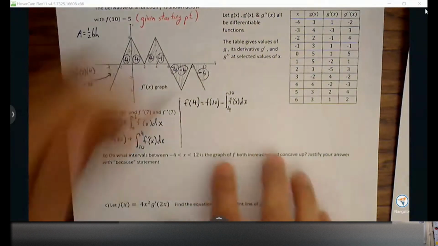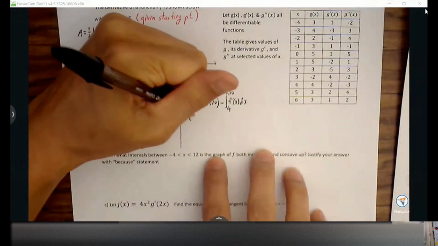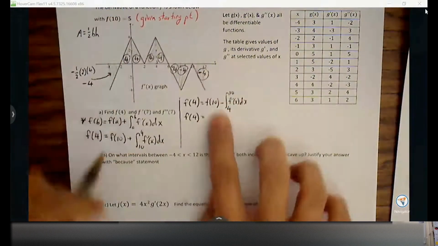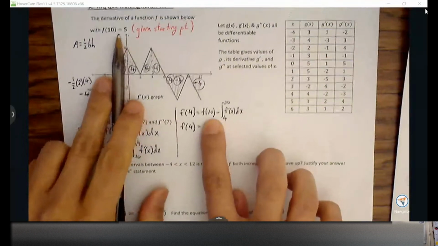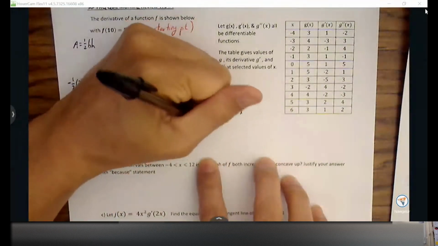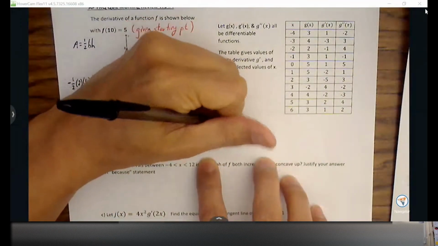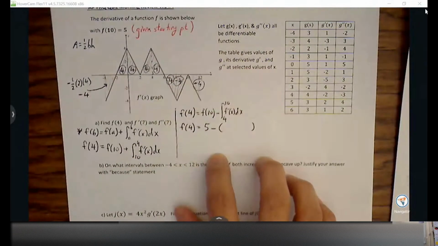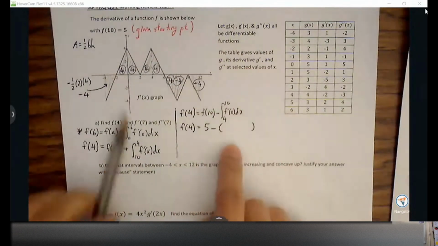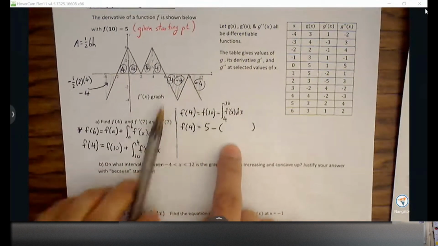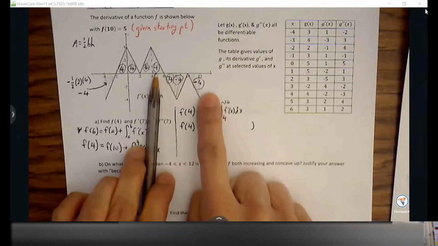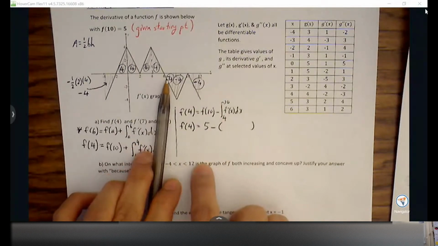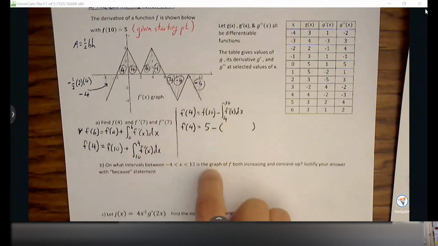Okay, so f of 4 equals f of 10, which is 5, minus parentheses. Now I'm going to add up all these values. So from 4 to 10, we're looking at all these values here. So 4 minus 4 minus 4 minus 4.